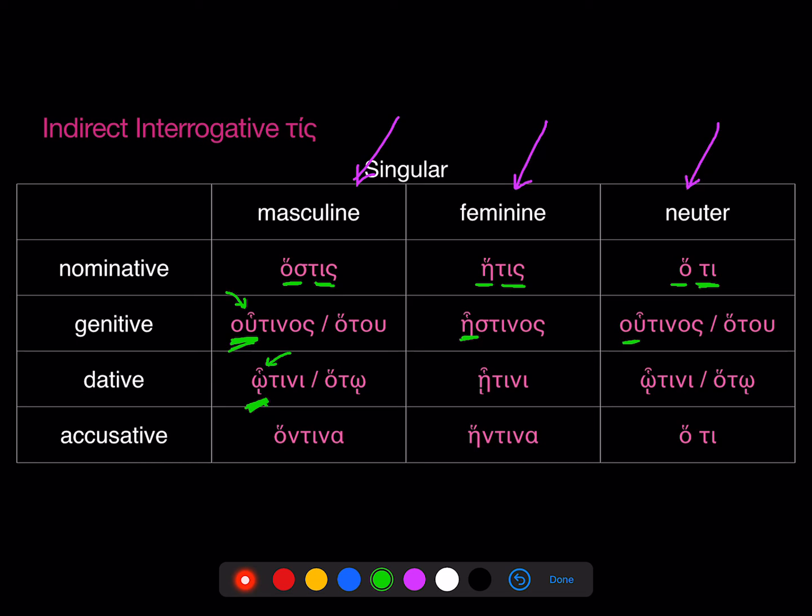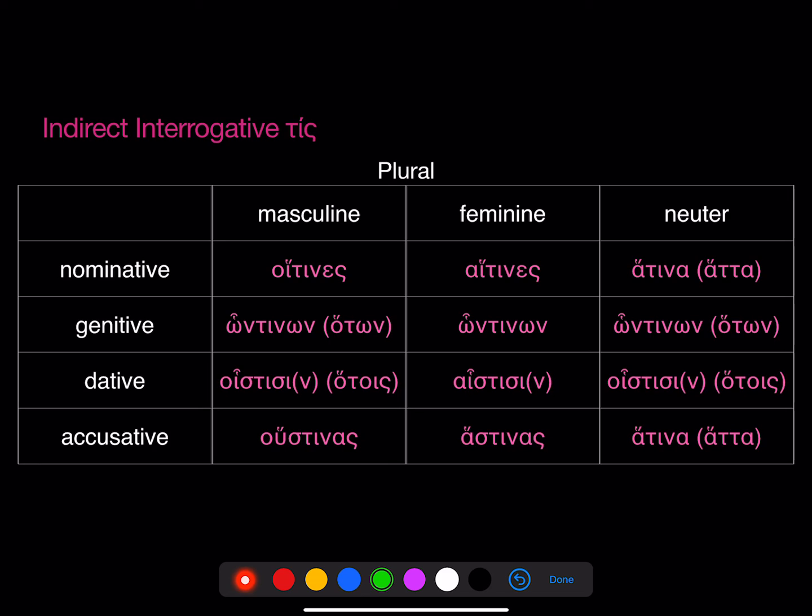Okay? Note these alternative forms here. Note also that the neuter nominative and accusative singular is the one form where we're not combining the relative pronoun and the indefinite form of tis. That's the singular. Here's the plural.